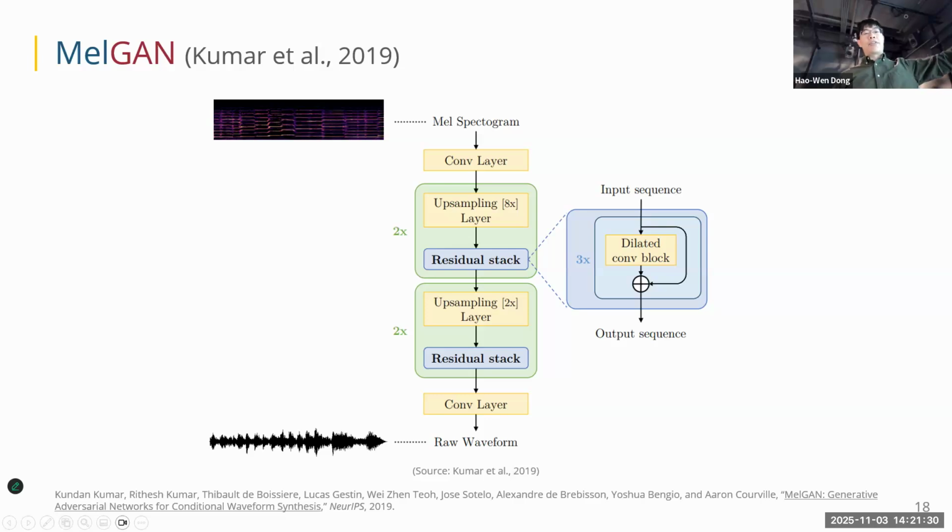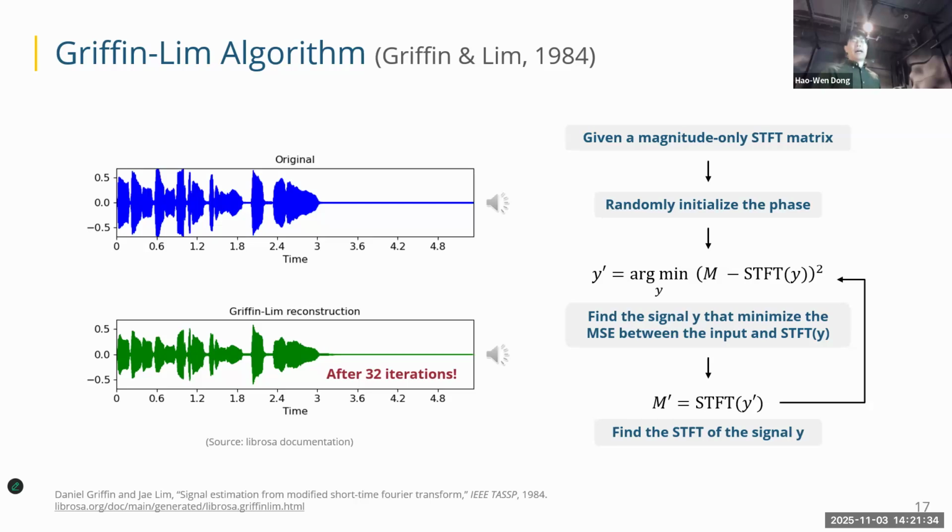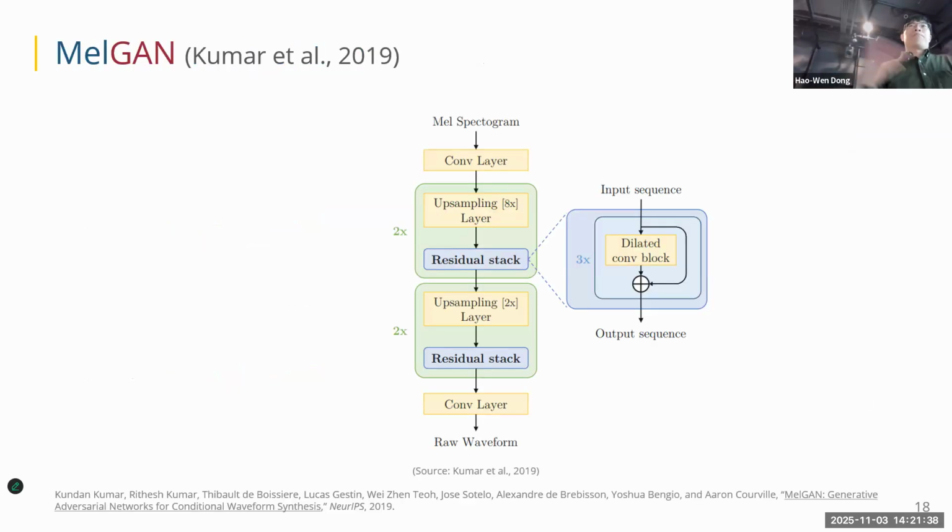In this case, we are thinking about whether we can reconstruct the phase. But essentially, we don't necessarily need to care about the phase. We just want the final audio. You can reconstruct the phase in the middle of your processing. But basically, this is the idea.